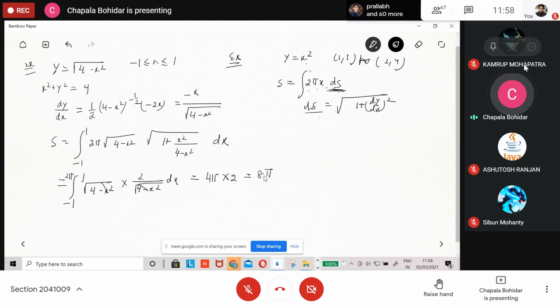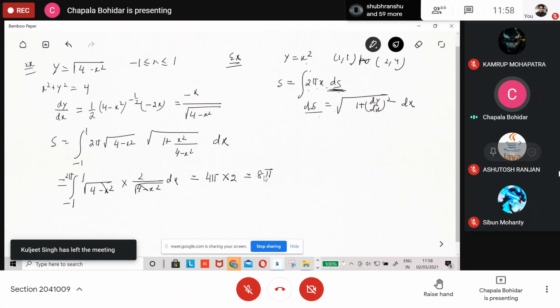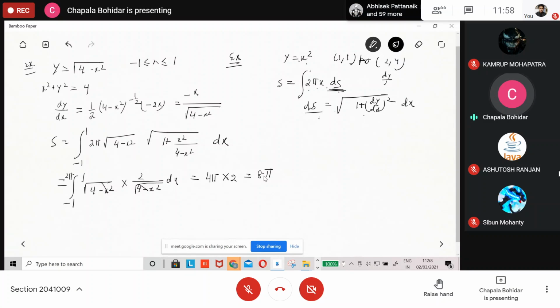And the ds value is this one. Clear? The value of ds is this one. Because it is rotating and y is equal to x square is given, I have to find dy by dx, which is 2x. Then square is 4x square. So ds is equal to root over of 1 plus 4x square.